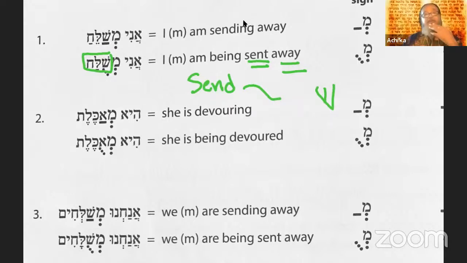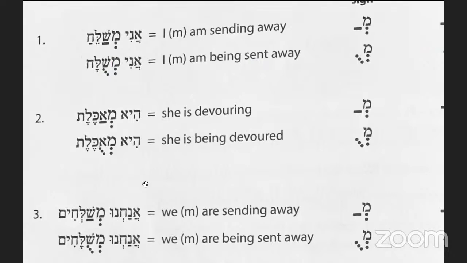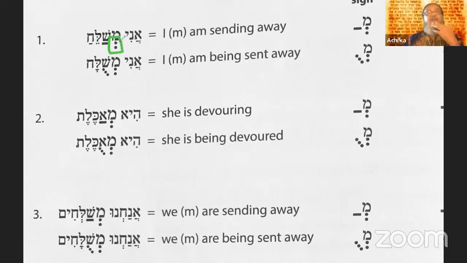Well, both at the top and the bottom say sending away. One is sending away, the other one's sent away. So is it the 3 dots? Because we don't have 3 dots on both of them, we just have 3 dots on the second one. Oh, I thought you said sent. Are these 2 dots right here just telling us that it is a forceful sending away?